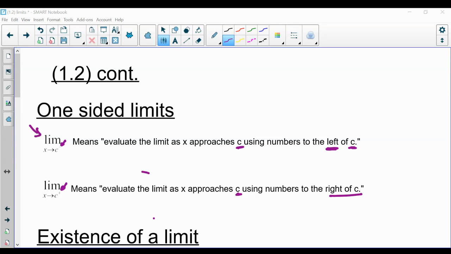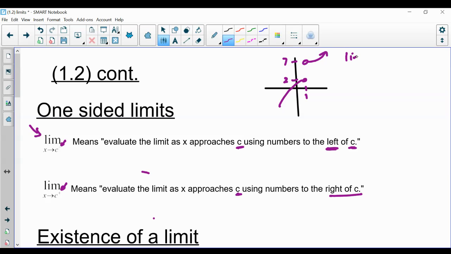For example, suppose I have a piecewise function that looks something like this. If I have a graph that looks like this, and we'll put a closed circle and then an open circle like this. Let's suppose this y value is 7 and this y value is 2. Say this x value is 1.